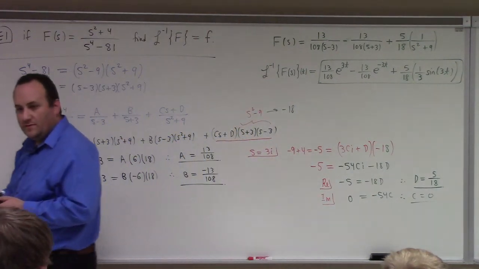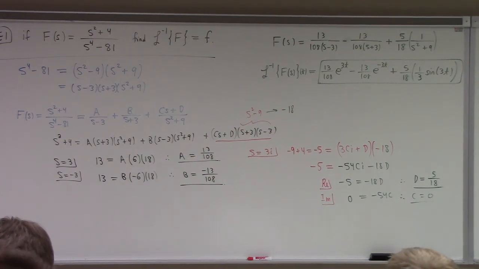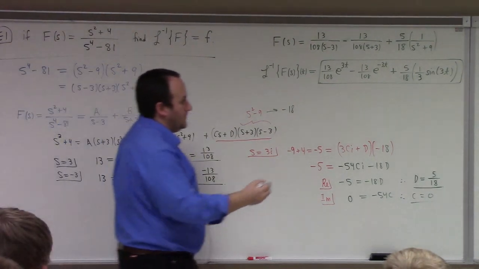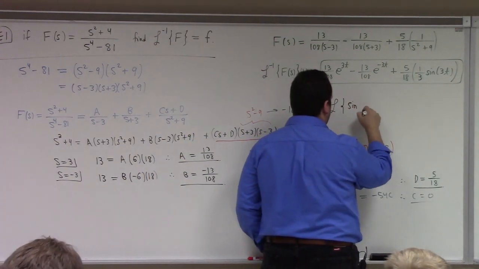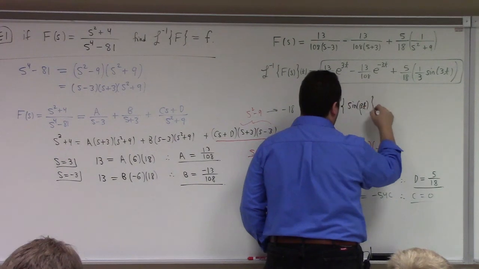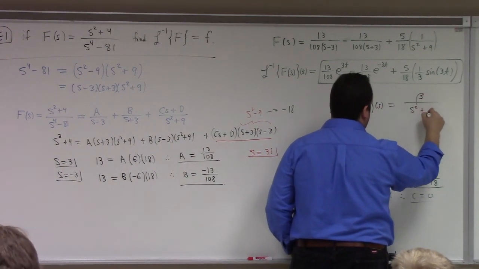Where'd that third come from? Why is there a third there? Remember what we worked out last class? We worked out that the Laplace transform of the sine of, say, beta t, is beta over s squared plus beta squared, right?